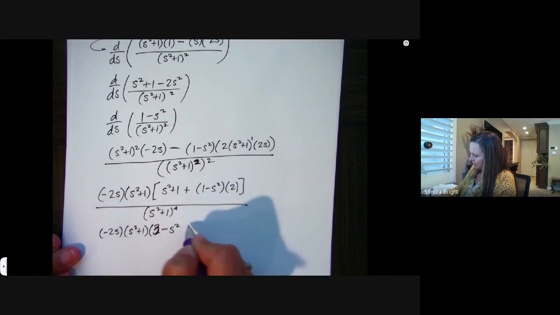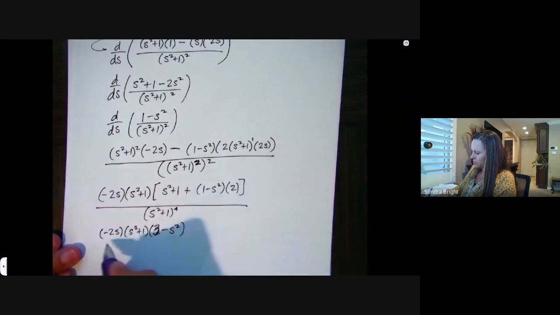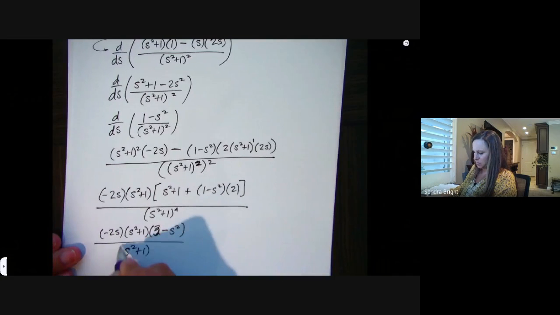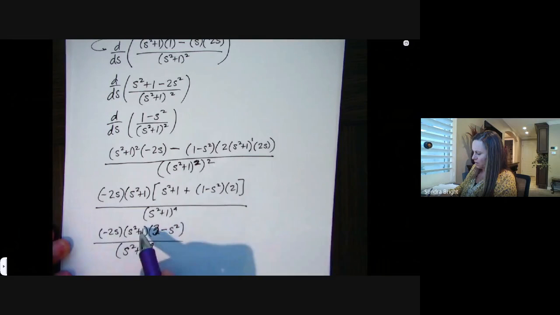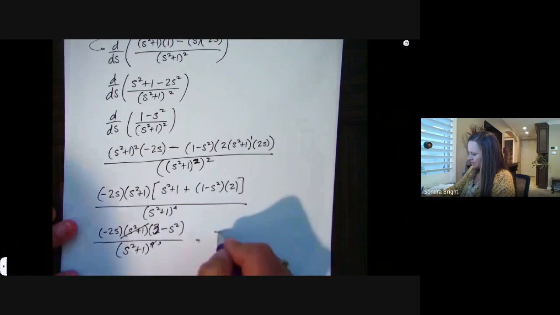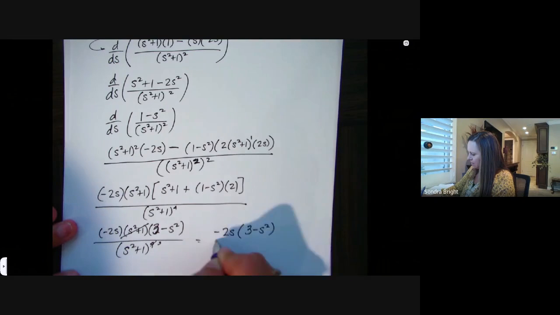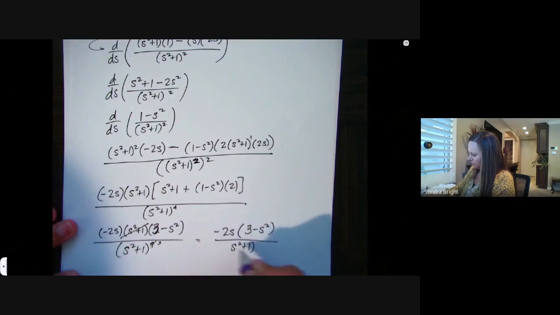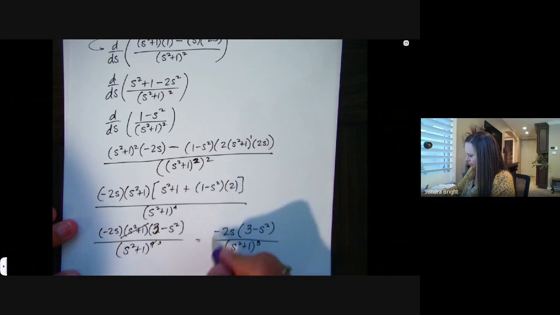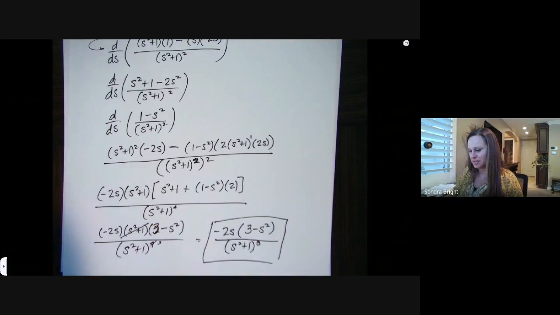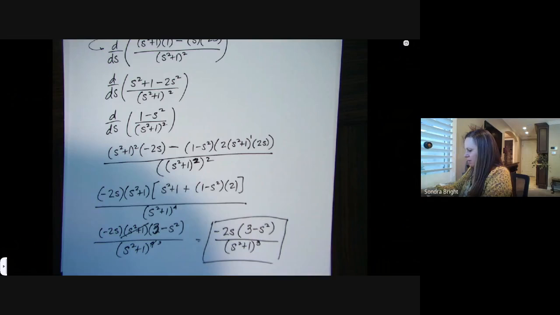We are almost done. You see that this one on top will cancel with one of them on the bottom. And so your answer ends up being a negative 2s times 3 minus s squared all over s squared plus 1 quantity cubed. That was a lot of algebra. That's right. Okay, let's do another one.